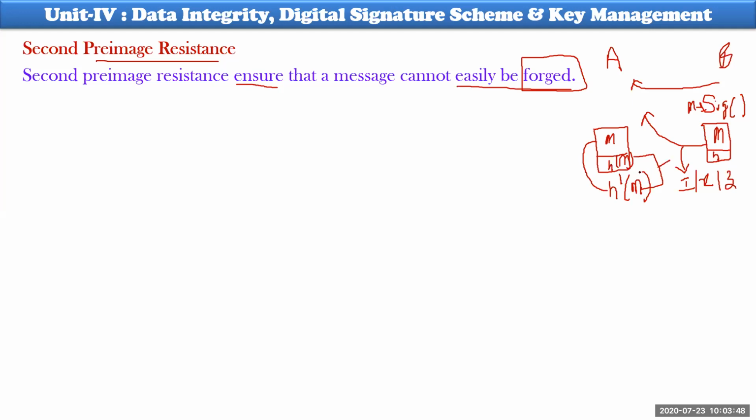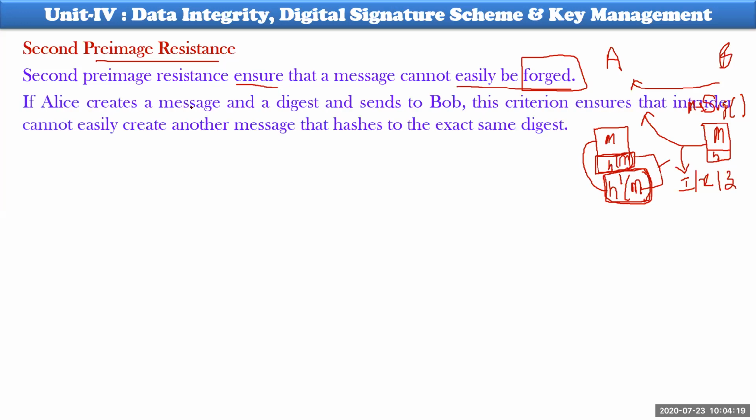If these two are the same, the message she has received is correct. If they are not the same, it is considered that the message has been forged or manipulated. While doing this calculation of H prime of M, it should be ensured that it cannot be forged. That is the point we would like to understand here.